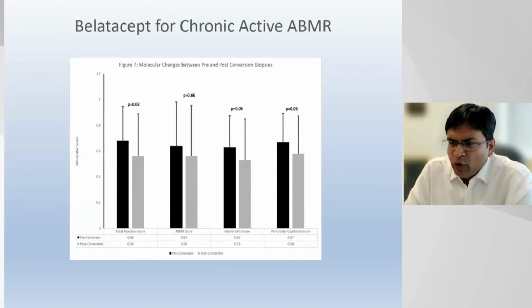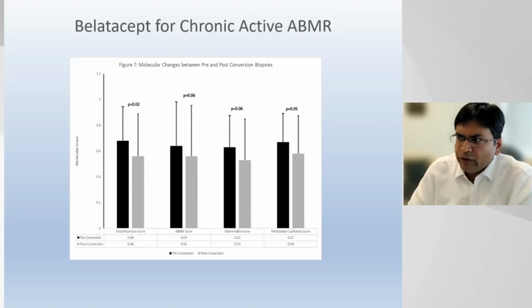And you can see this improvement on all of these scores, including ABMR, molecular glomerulitis, and molecular peritubular capillaritis. No such difference was seen on histology with regards to PTC and G histologic scores.